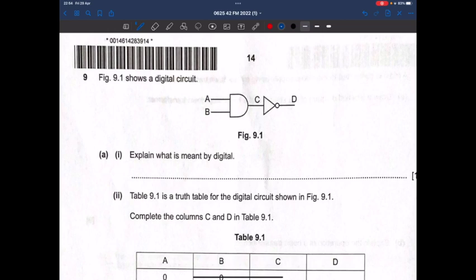It's just that the signal must be one of two discrete levels. Like it could be on, off. 1 out of 2. On or off. 1 or 0. This is the idea of what's meant by digital circuit.